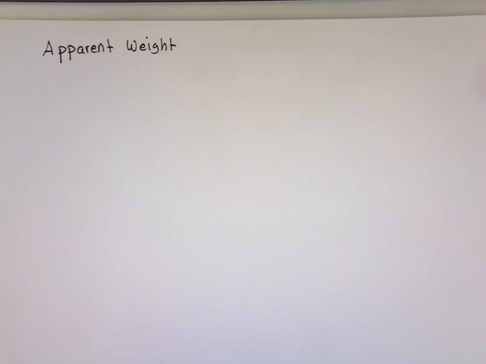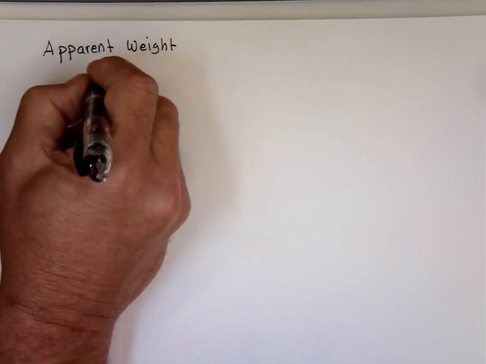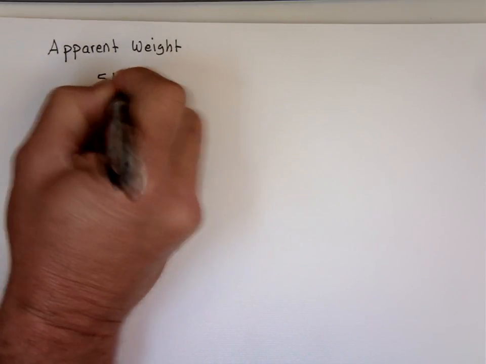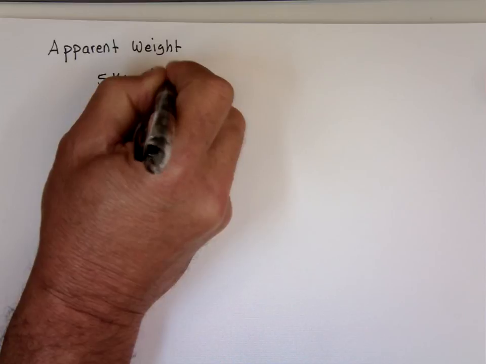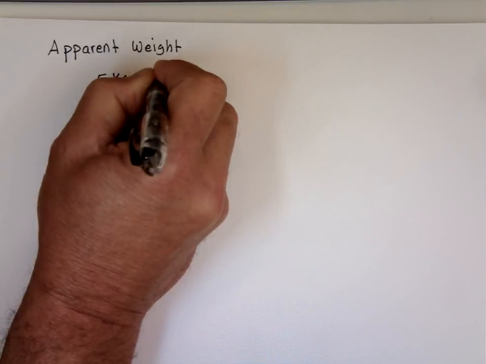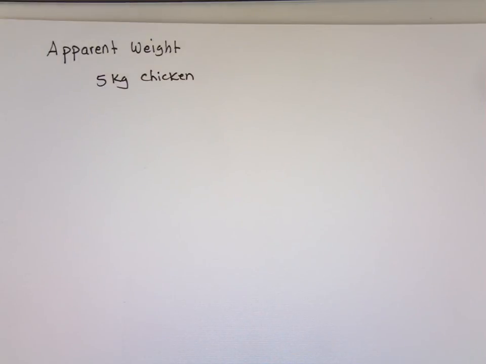Let's say we have, what are we going to hang in the elevator? We're not going to put a human. So we have a chicken, a 5-kilogram chicken. We're going to be hanging a chicken in the elevator. We have a 5-kilogram chicken hanging from a scale there.